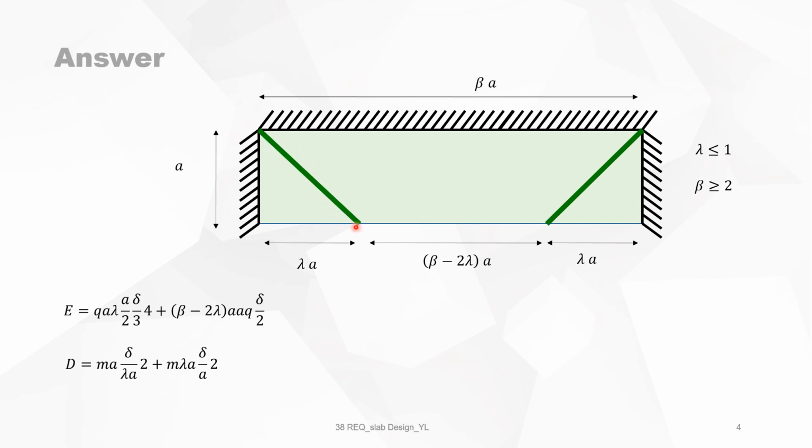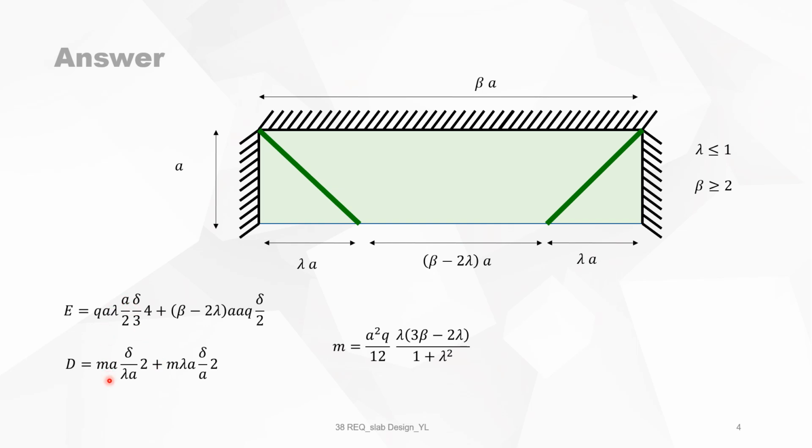Then we have this yield line projected on this axis of rotation. Then we have lambda A as length. So we have M lambda A multiplied by the angle of rotation, which is delta over A. And we have this 2 times.